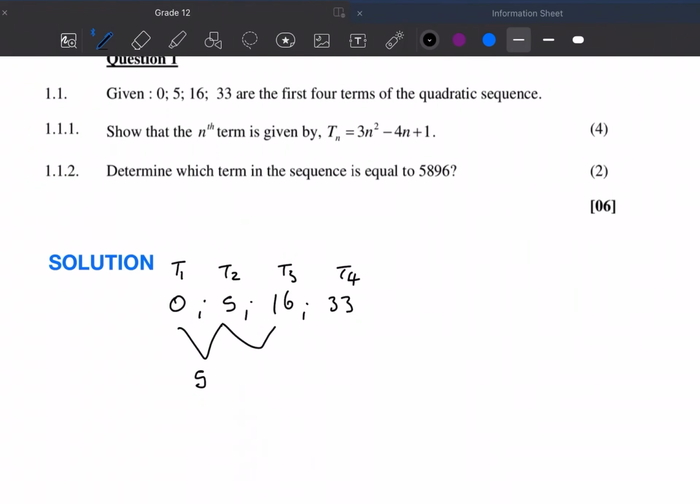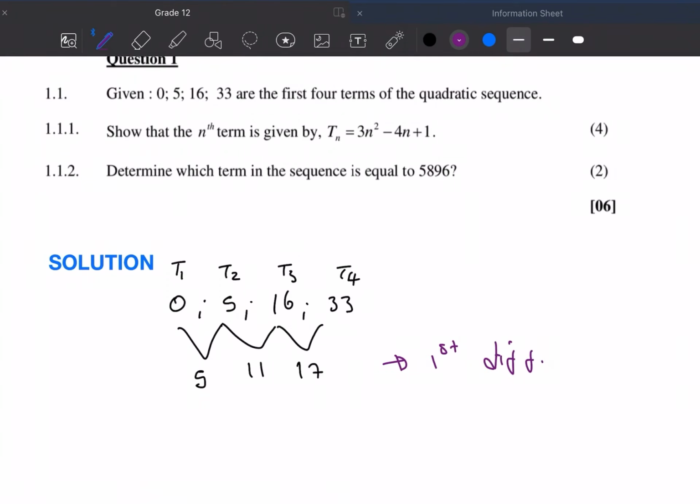You can use a calculator, or you can exercise your mind, which is recommended. So 16 minus 5 is 11, and 33 minus 16 is 17. This is your first difference.